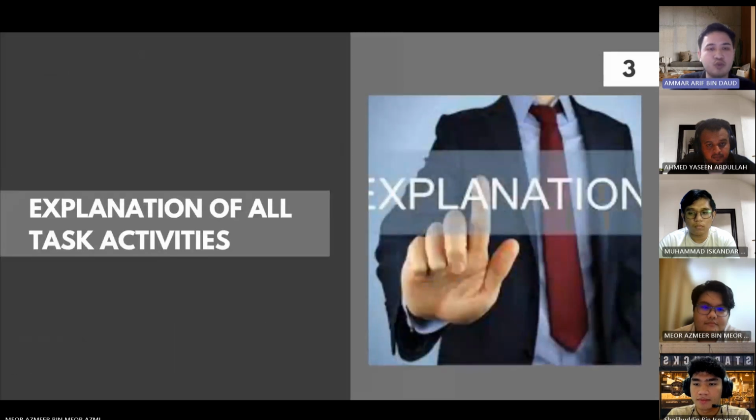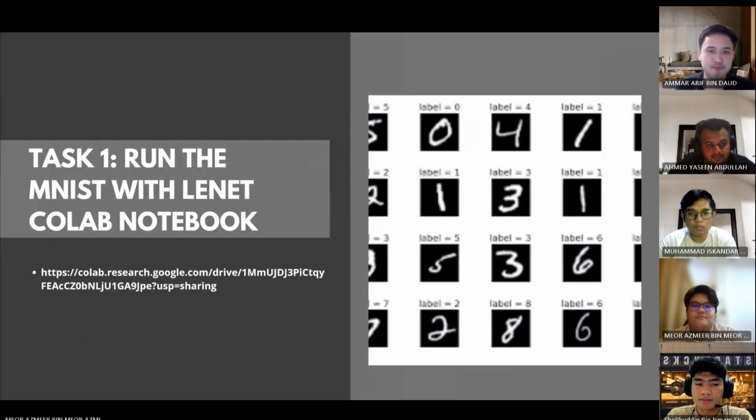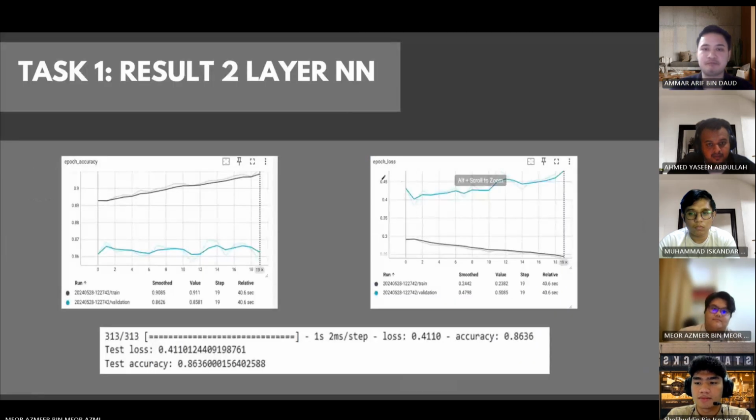We go to Task 1. This is the result for the two-layer NN for the accuracy and the loss.